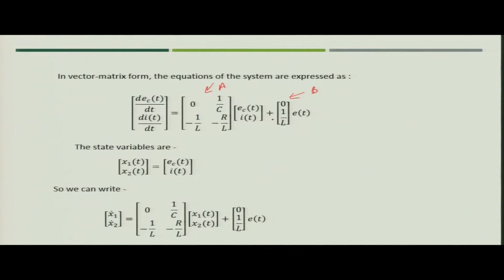So, now the state variables in this case are basically EC and I. In a simple way you can assign EC as x1 and I as x2, then you can simplify this equation as x1 dot, x2 dot, that is the vector on the left, equal to the A matrix multiplied by the state vector plus B matrix into input, that is E(t).